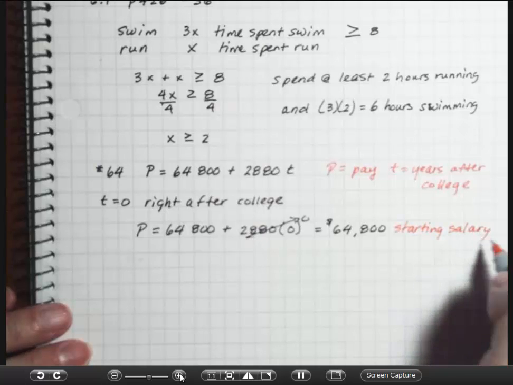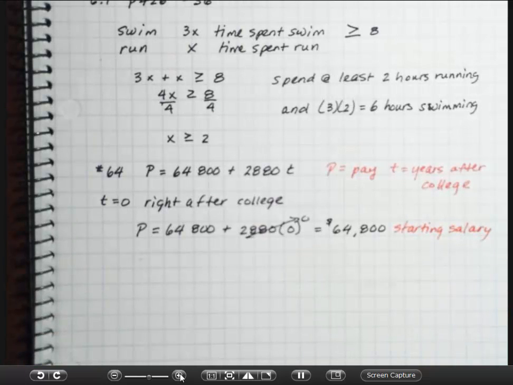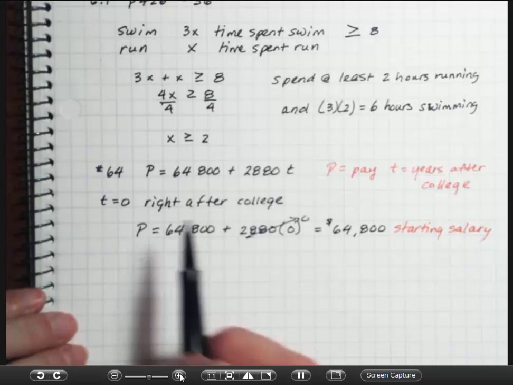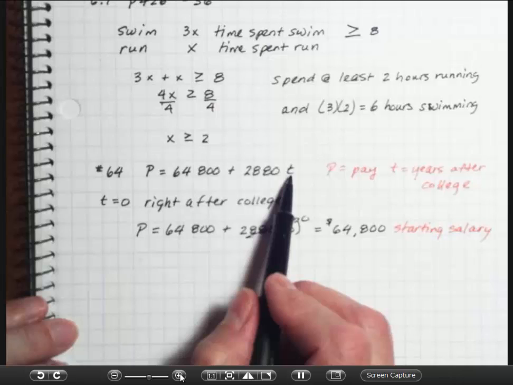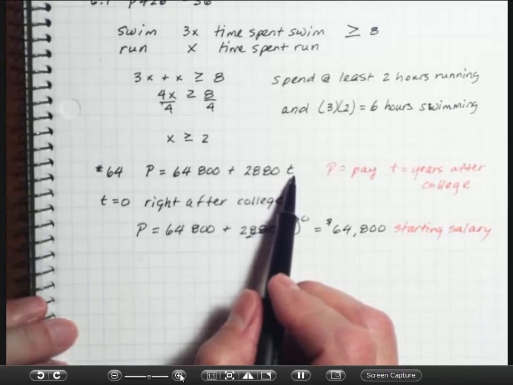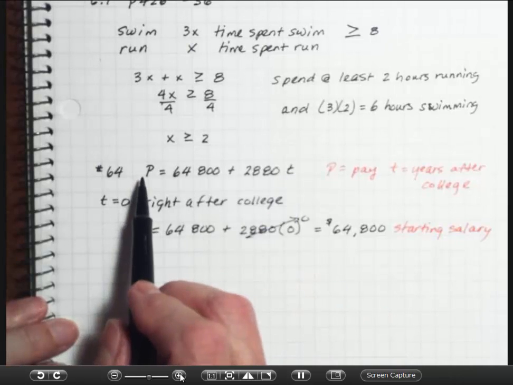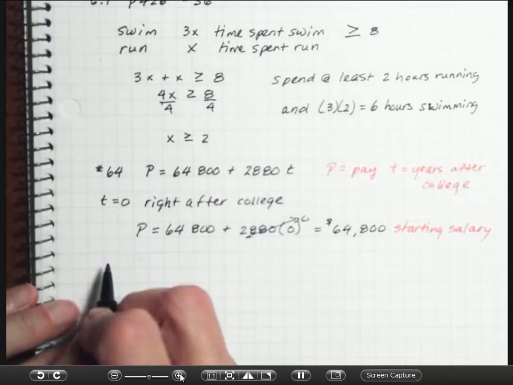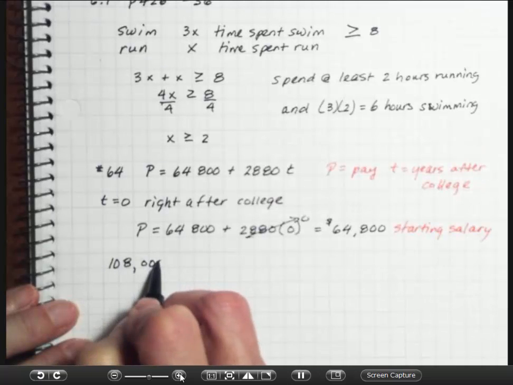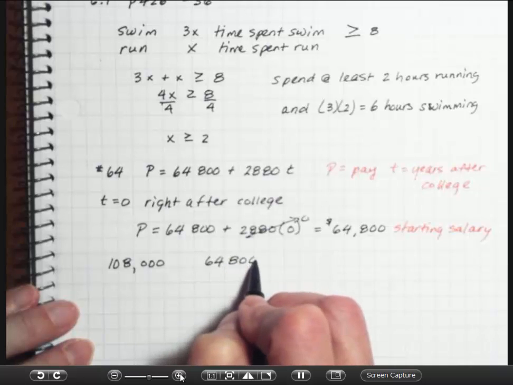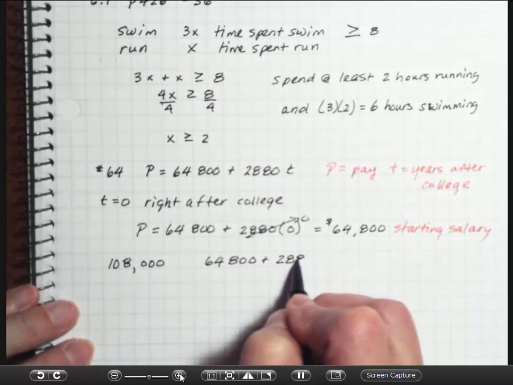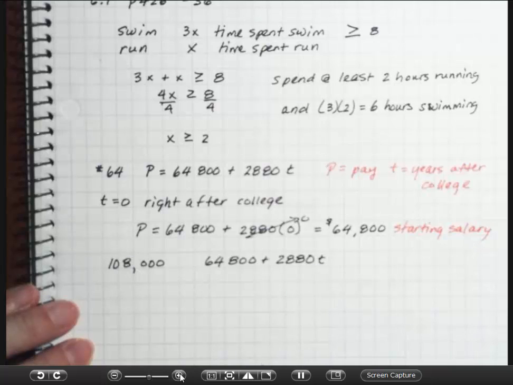Now they didn't ask us this, I just wanted to give you an idea of what they're talking about. So now they want to know how many years, so in this particular problem, we're looking for T. And they said, how long would it take for you to earn at least 108,000? So we're going to put in 108,000 for our P, and we have this formula, 64,800 plus 2880 T, and it says to be earning at least.